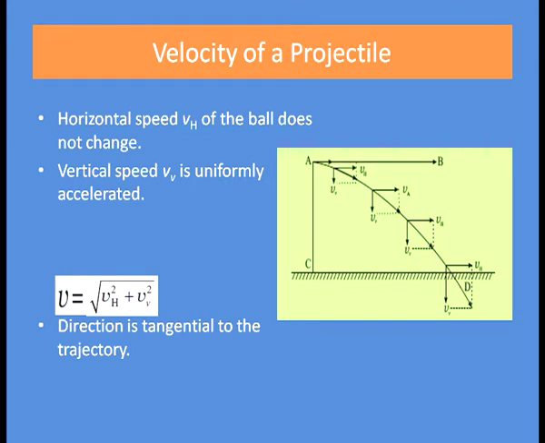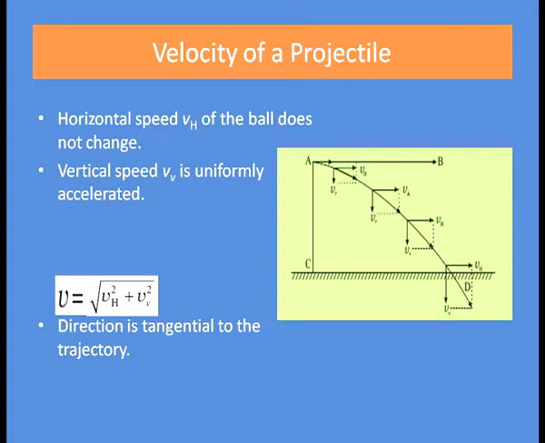And the vertical speed, denoted by Vv, is uniformly accelerated, as in the vertical direction there is the force of gravity and there is an acceleration, that is acceleration due to gravity. Hence, the vertical component of velocity is an accelerated one. So, the final velocity of the projectile v equals the square root of Vh squared plus Vv squared.